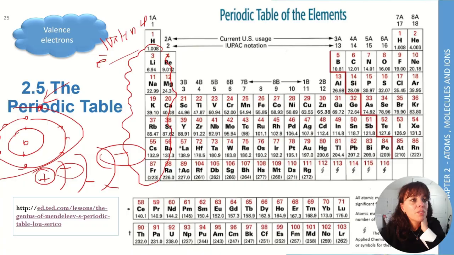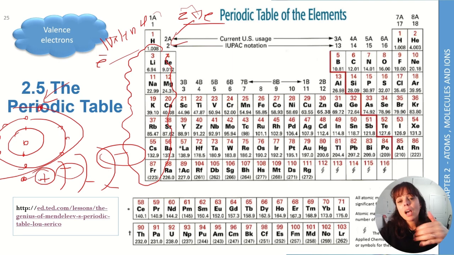And all the first group elements have just 1 electron in the outermost shell. When you go to the second group, we have 2 valence electrons, because all the elements over here, like magnesium, have 2 in the last shell, so that is 2 electrons in the outermost shell, and all those elements will have the same.